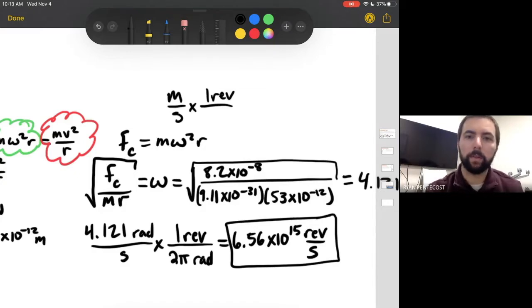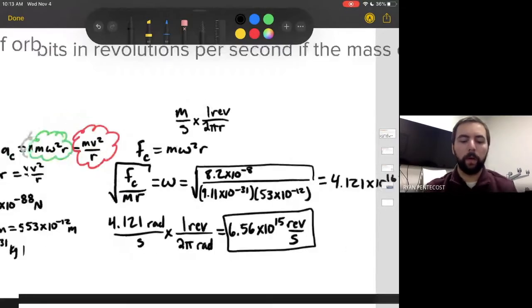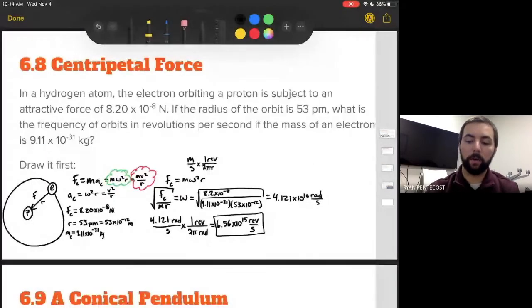And circumference in terms of radius is 2 pi r. So you would take the meters per second, divide it by 2 pi r to get your revolutions per second. And you should get the same answer as well.